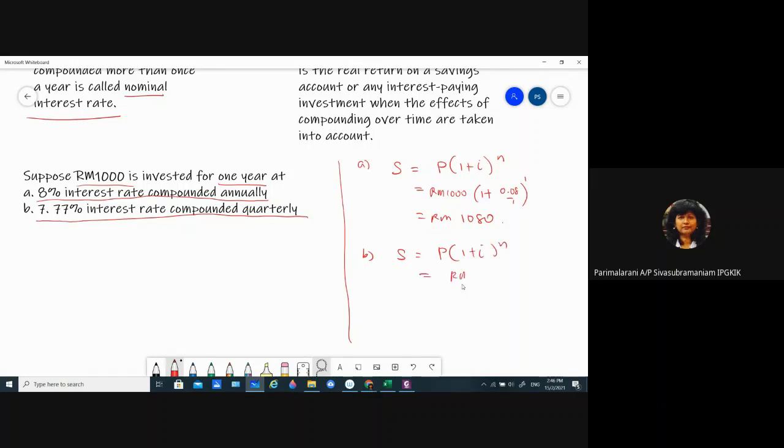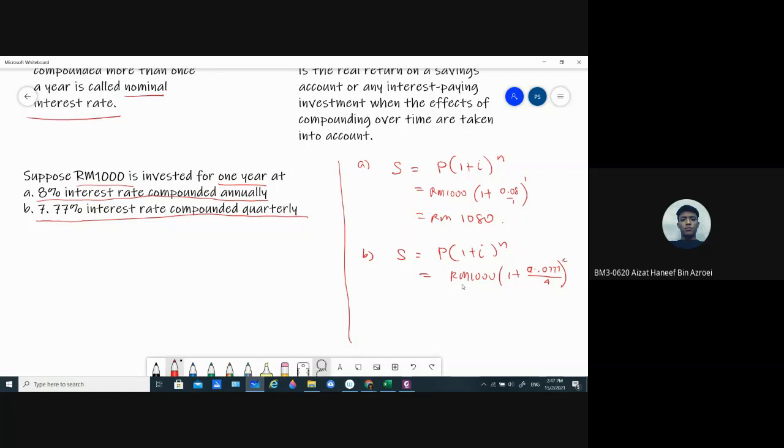We get principal is 1000 times 1 plus our I. So I is 0.0777, correct? Yes. 0.0777 divided by quarterly, compounded quarterly, so over 4, and to the power of 4.